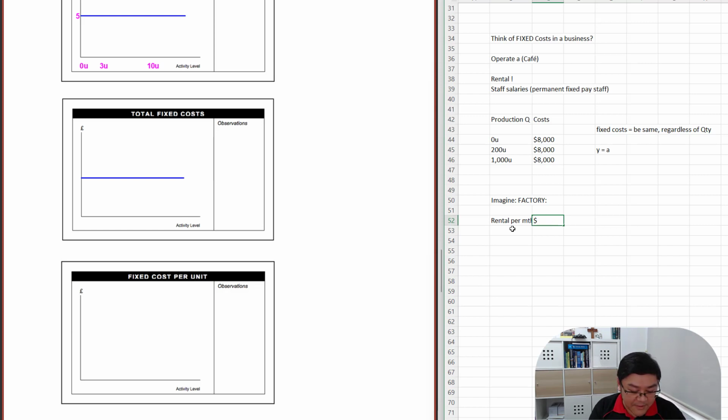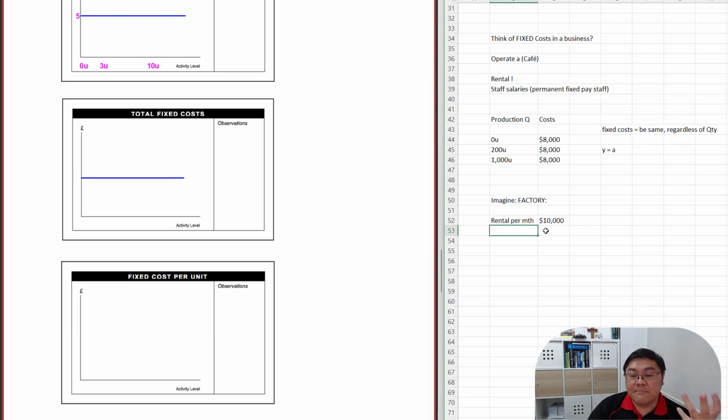Let's use a little bit of the business mindset that we are having. Now think about this: how would you want to make the cost of operating your factory be as low as possible?